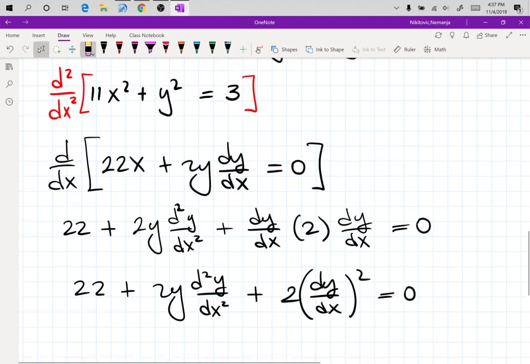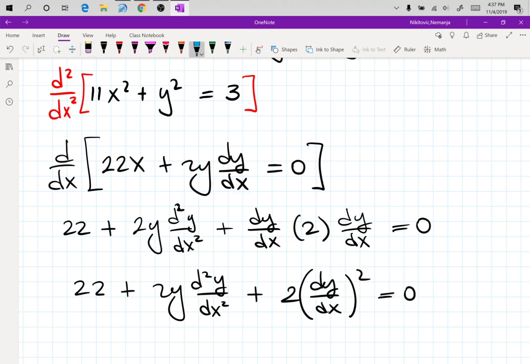Okay, so now why did I say remember this line? Because this is the line where you can solve for the first derivative and plug here to eliminate it from the equation. We are technically done with this last line because we do have a second derivative. We solve for it and we're done. The issue is that we can solve for dy dx and plug in there.